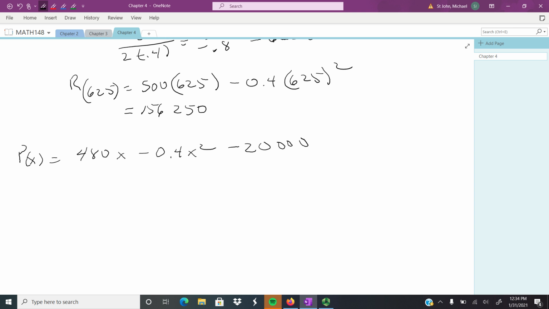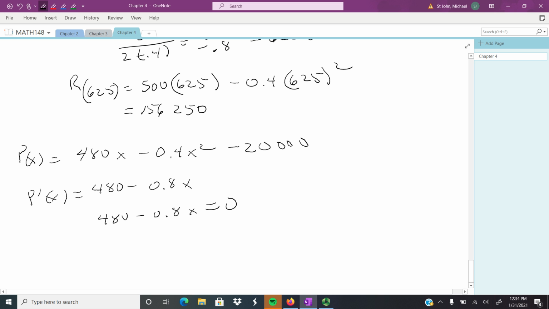And so we could look in terms of, let's do this one by our derivative. What's the derivative of P of x? So that'd be 480 minus 0.8x. Right? Well, let's take our derivative, set equal to 0. 480 minus 0.8x equals 0. Bring the 0.8x over.